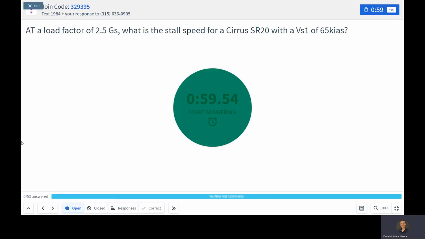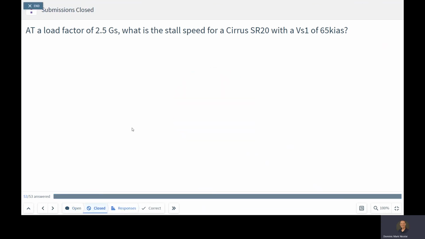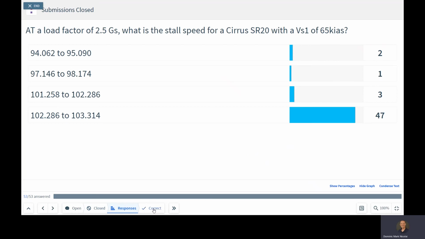So square root of 2.5 times 65, and then add that on. It looks like most of you got that one right, somewhere around 103 knots now.